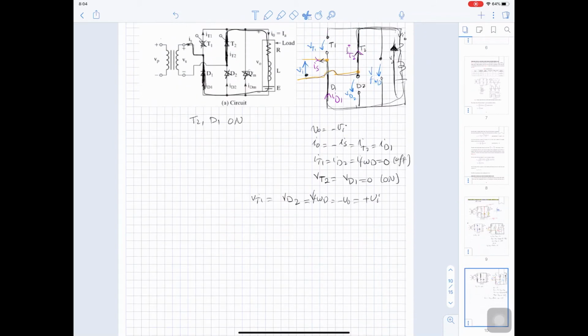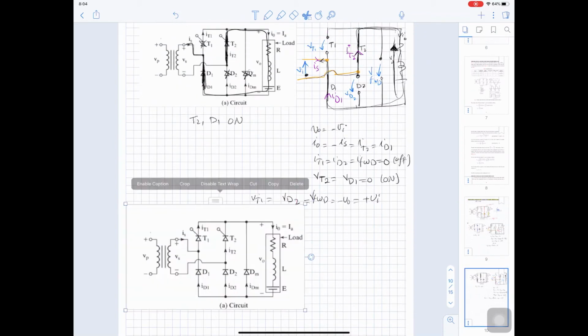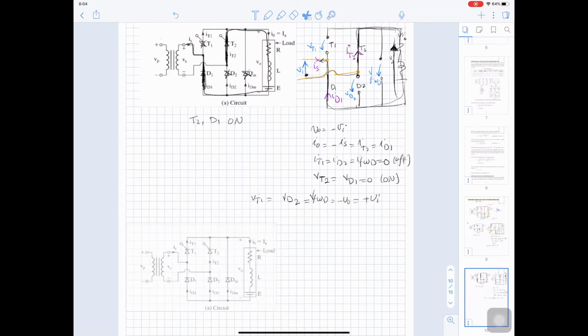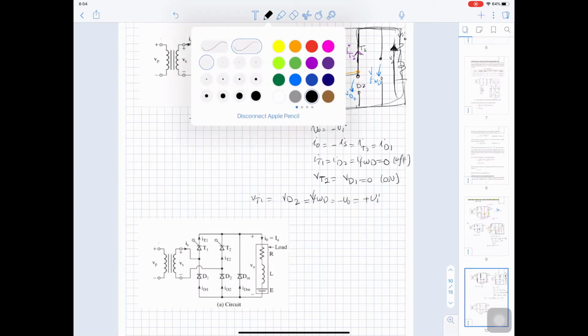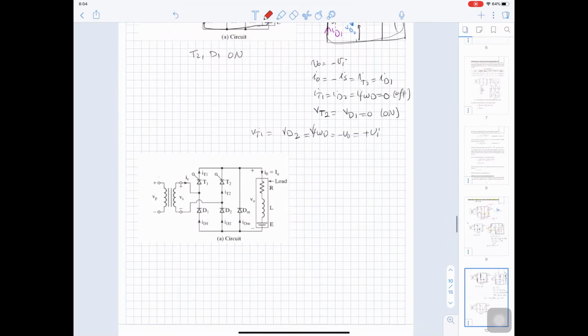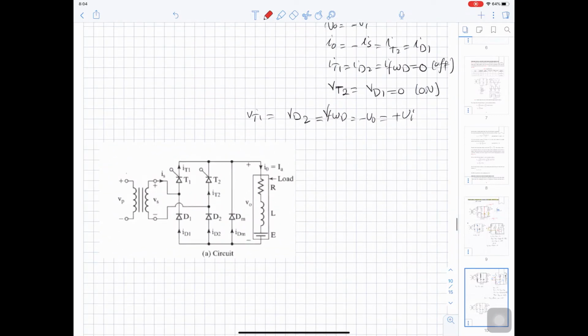And the new case here is whenever your V out becomes negative. So whenever you have a negative and positive voltage across the load, the freewheeling diode will turn on, taking care of the current.